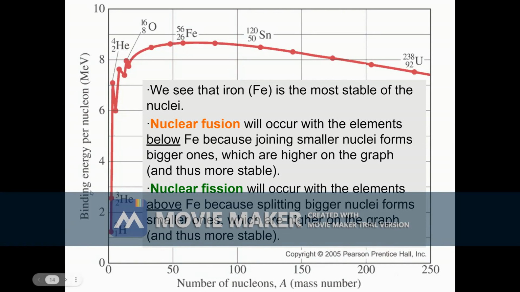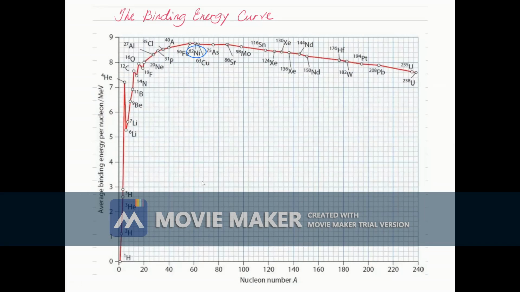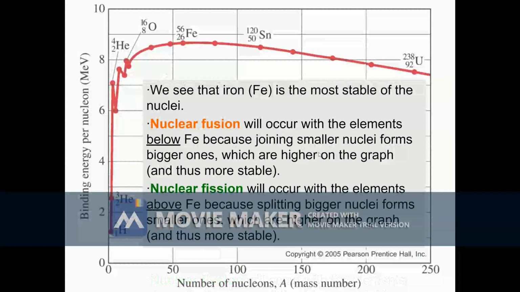Next, as I said before, everything below nickel in terms of nucleon number, these elements are used, with smaller nuclei joining with other smaller nuclei to form bigger ones, so that they would reach iron or nickel, which are more stable, so that nuclear fusion naturally occurs.